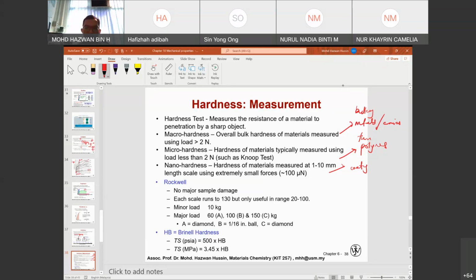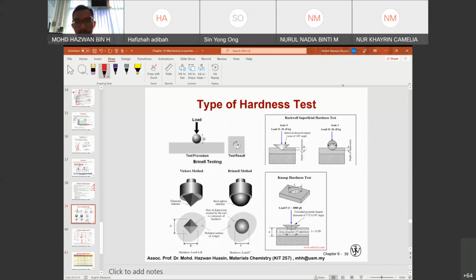But what makes the difference between the Rockwell and Brinell tests is the type of indenter they use. For Brinell, it normally uses a steel spherical indenter. Meanwhile, for Rockwell, for the N scale, it will use a sharp-edged diamond cone. And for the T scale, it will use a round indenter, so the shape of the indenter is not the same.